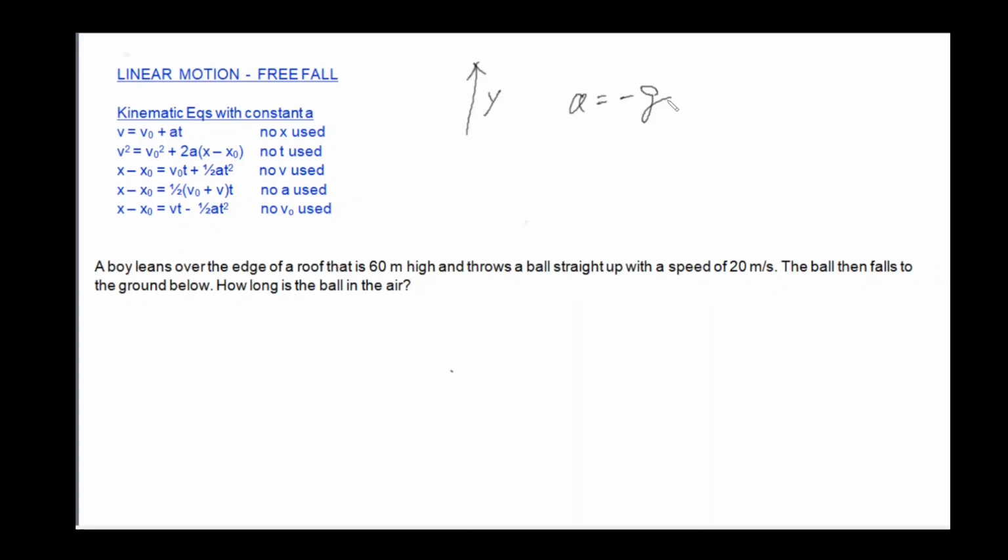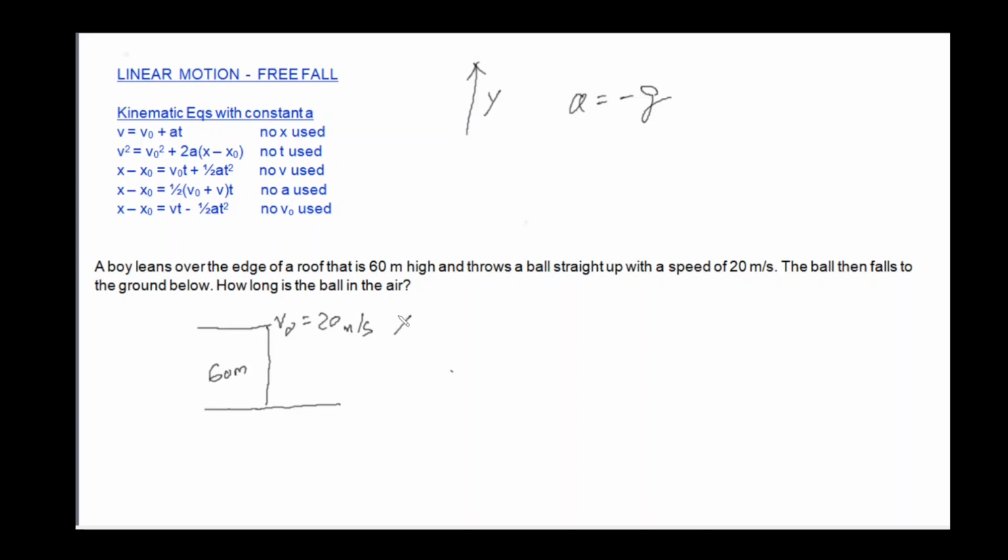Let's diagram the problem. So here is our roof, and we know that roof is 60 meters high. Here is the edge of the roof, and the ball is thrown up with an initial velocity of 20 meters per second.